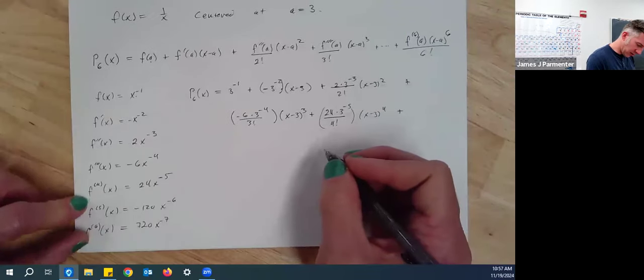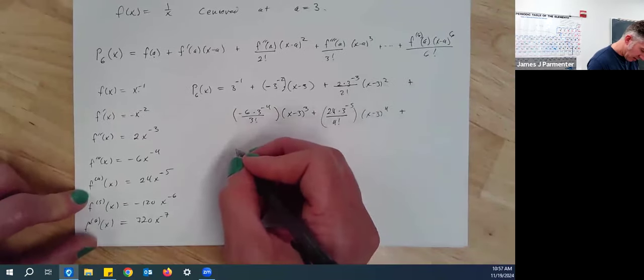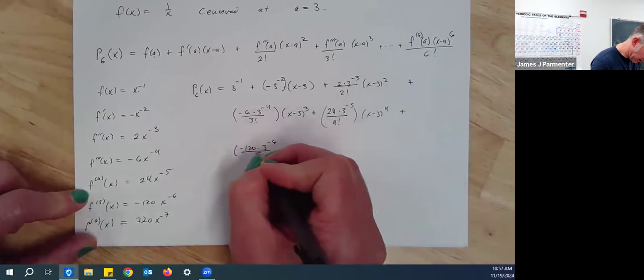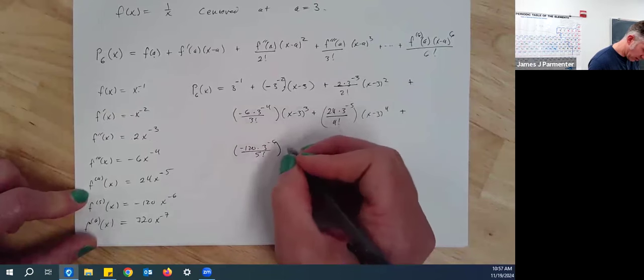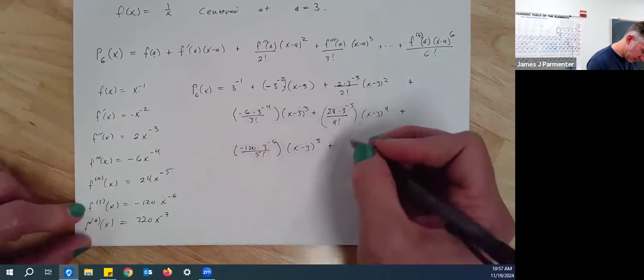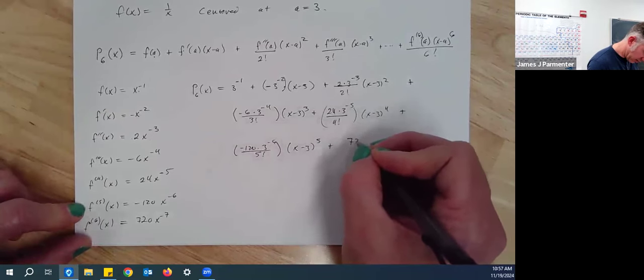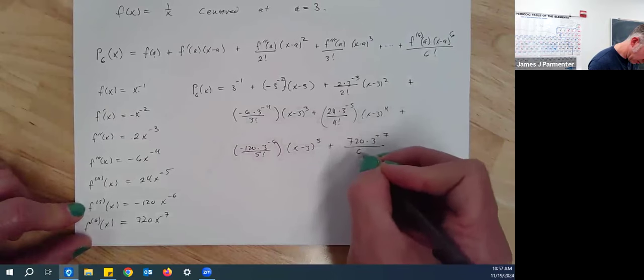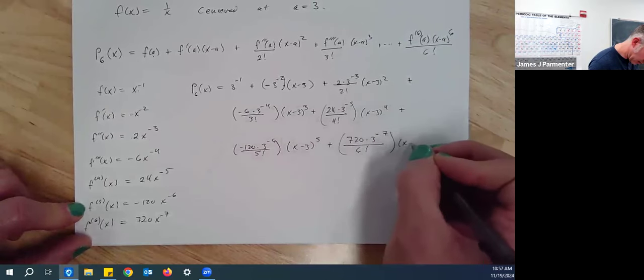And then 2 more to go. We might as well finish it off. We get negative 120 times 3 to the negative 6 divided by 5 factorial, all times x minus 3 to the 5th. And finally, the last term, 720 times 3 to the negative 7th, all over 6 factorial times x minus 3 to the 6th.